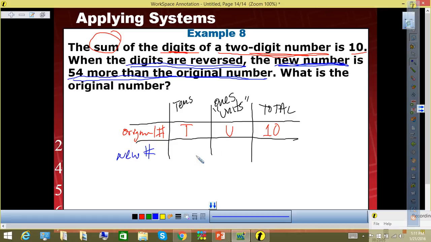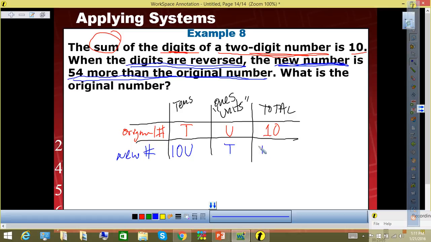Hold on. Let me just help you set this up. Let's reverse these. So now this one's going to be what? U. But so that we know that it's in the tens place, what do we label it? 10U. This one is T. And then it says 54 more than the original.